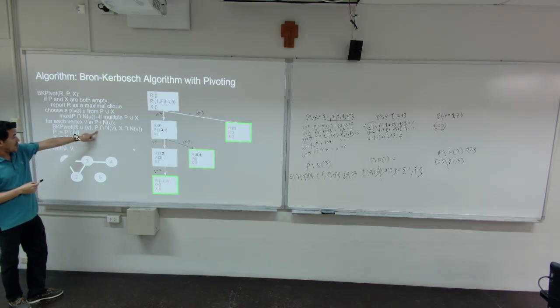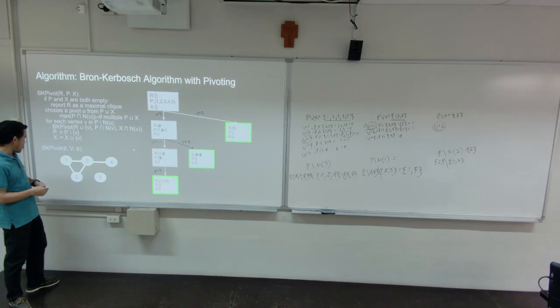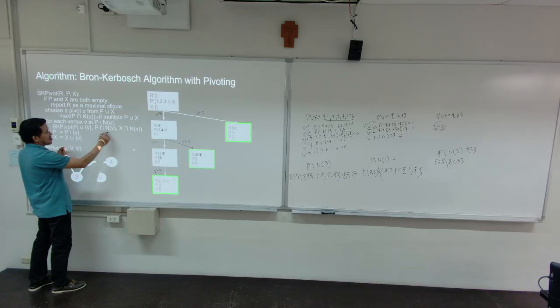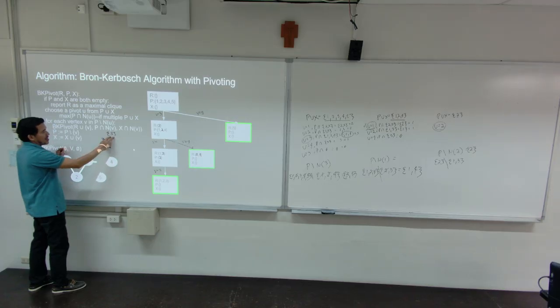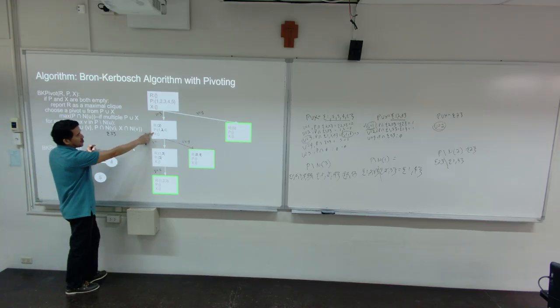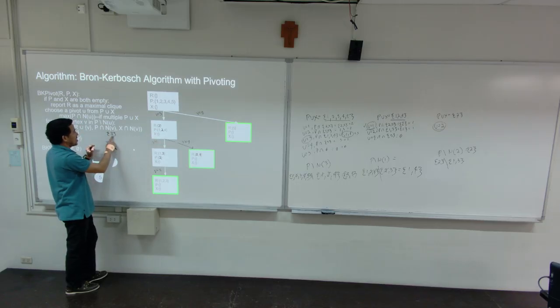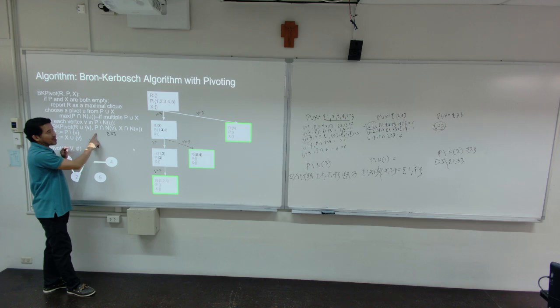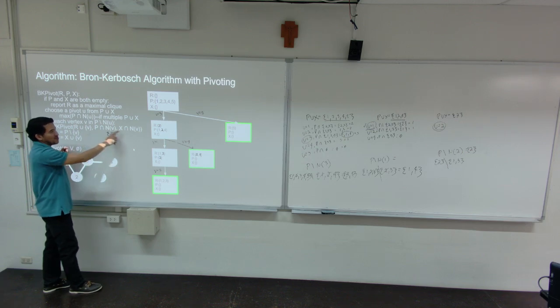What about p? What are the neighbors of 4? Neighbors of 4, it's just 3. What's the value of p? It's 1 to 4. What are the common values? We have 3, and we have 1 to 4.